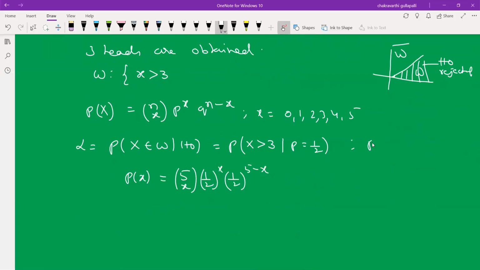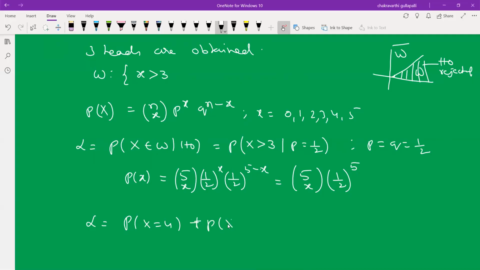Now, P is equal to half, Q is equal to also half. Symmetrical condition. After simplification, the probability function 5Cx into 1 by 2 whole power, the powers adding, minus x plus x cancel. The result is 5. Now, alpha is equal to x greater than 3, means what here? X equal to 4 plus x equal to 5.